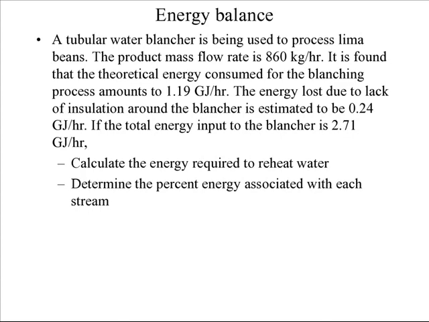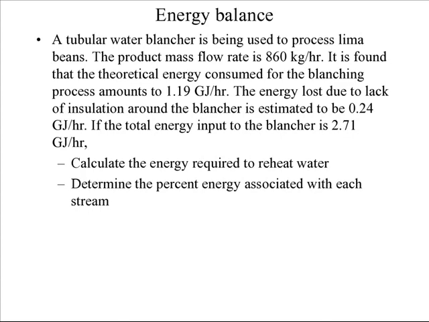The energy lost due to lack of insulation around the blancher is estimated to be 0.24 gigajoules per hour. If the total energy input to the blancher is 2.71 gigajoules per hour, calculate the energy required to reheat the water and determine the percent of energy associated with each stream.